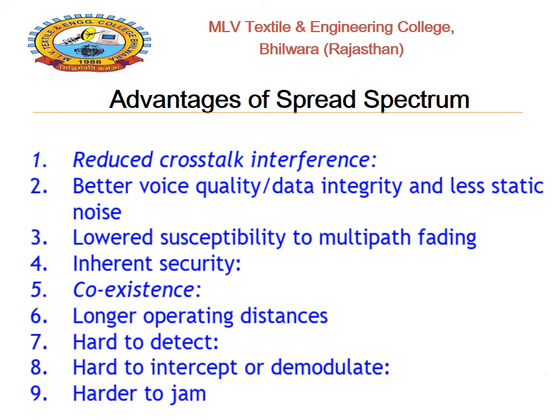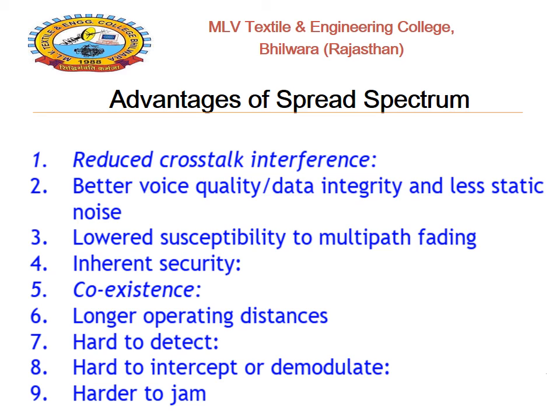Advantages of spread spectrum. The first one is reduced crosstalk interference. Interference is an observable problem in digital communication, so by using spread spectrum, the interference effect is reduced. Better voice quality, data integrity and less static noise. The noise effect is also reduced by using spread spectrum technology.